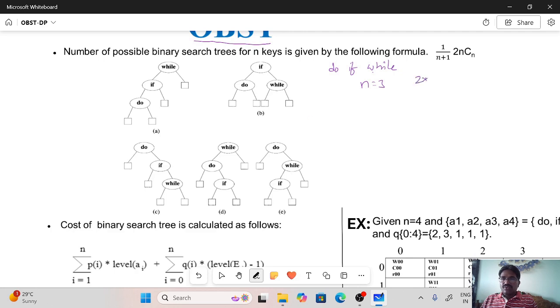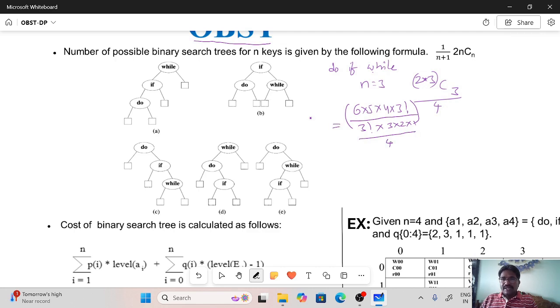What is the value of 2 into 3 C3 by 4? 2 into 3 is 6, so 6C3, nothing but 6 into 5 into 4 into 3 factorial by 3 factorial into 6 minus 3. 6 minus 3 is once again 3, so 3 into 2 into 1. So we have 1 by 4 along with this value.